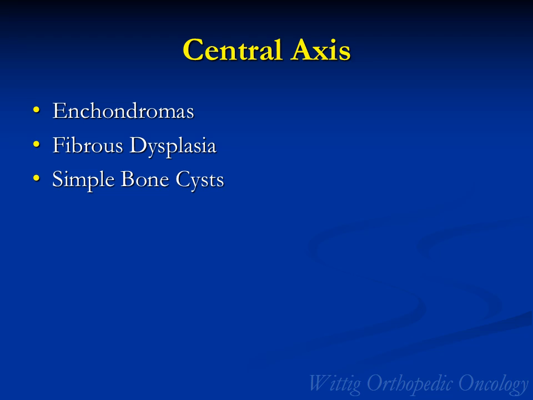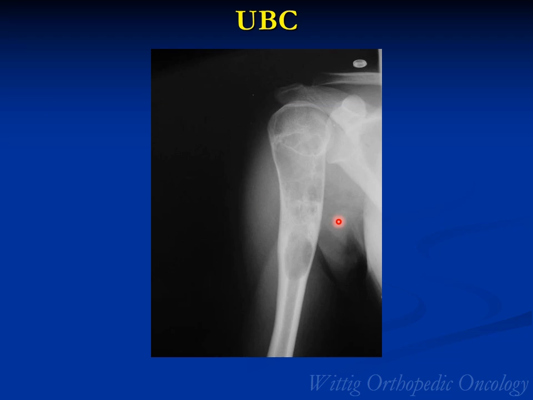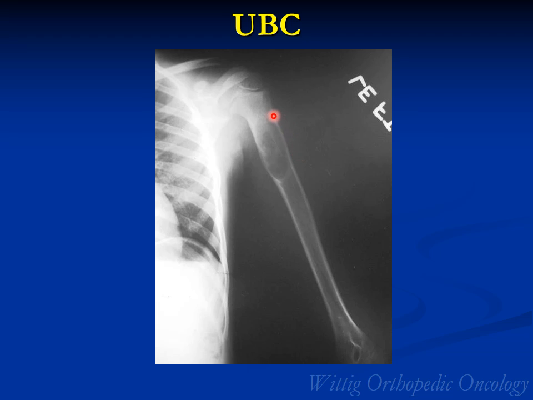They usually occur centrally within the bone, not eccentrically, not cortically based, but central. This is an example of a unicameral bone cyst. You can see it's located centrally within the bone. This is an example of another UBC located centrally within the bone.